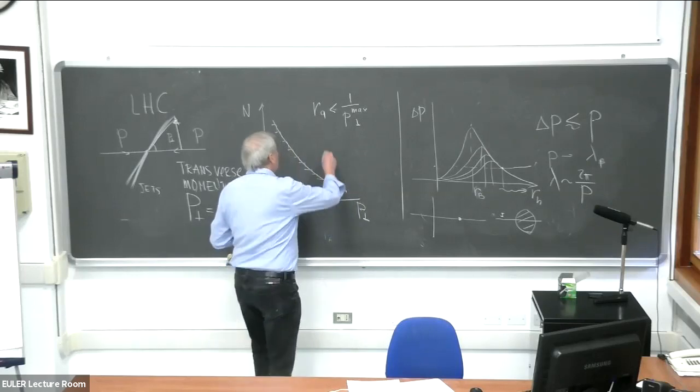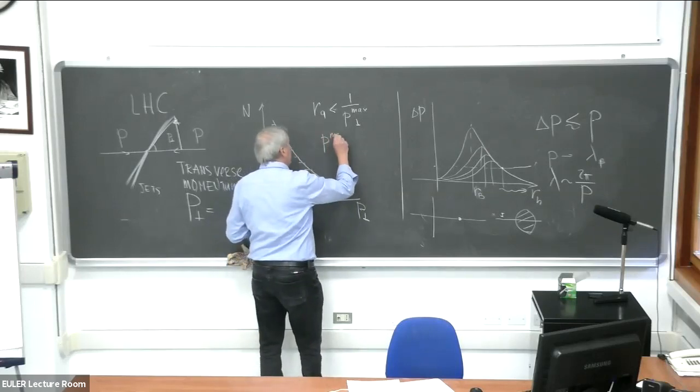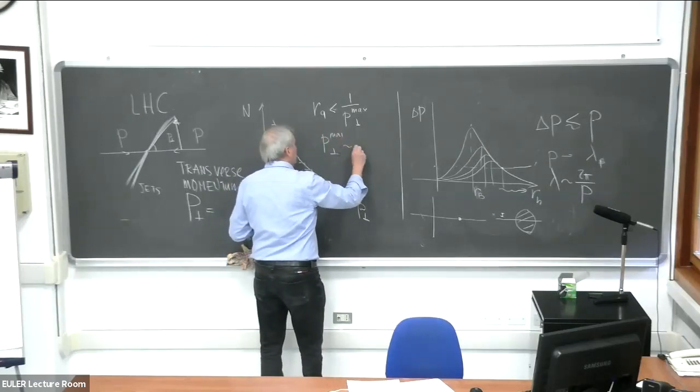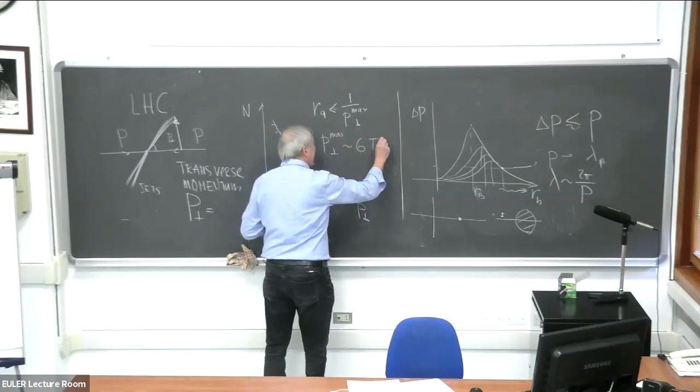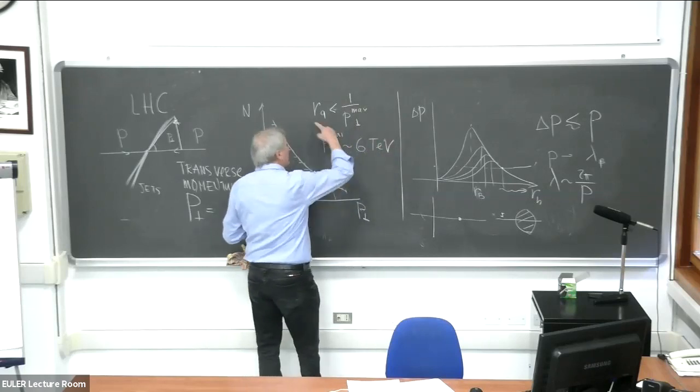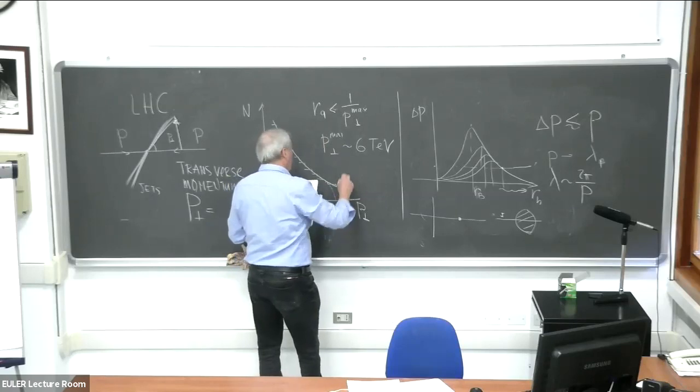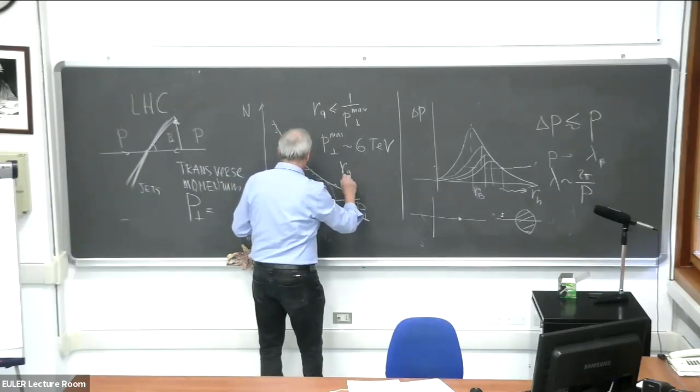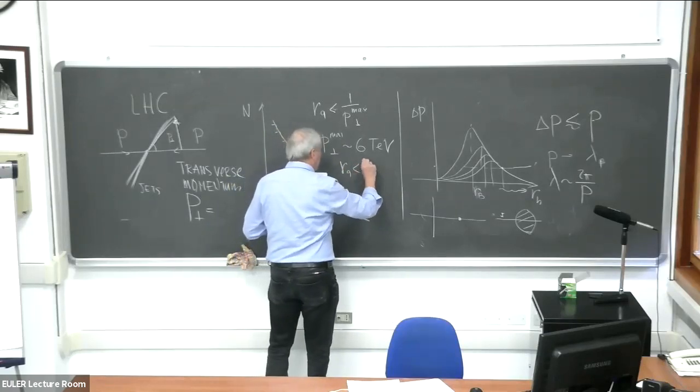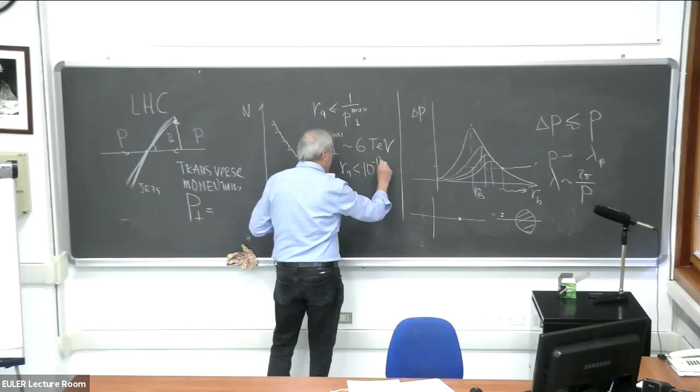And since P maximal is around 60 TeV, using this relation, you will get that the radius of the quark should be smaller than 10 to the minus 18 centimeters.